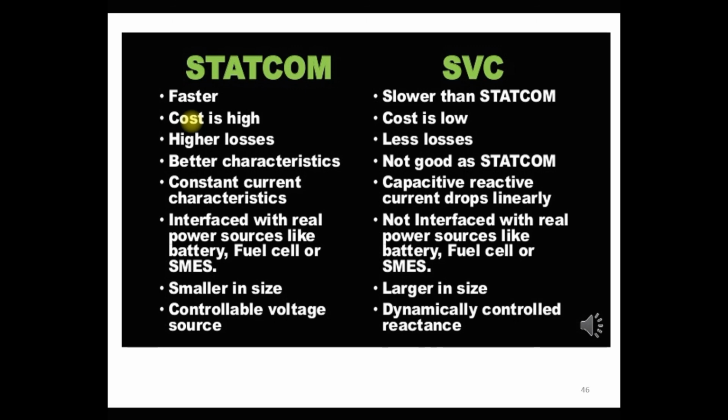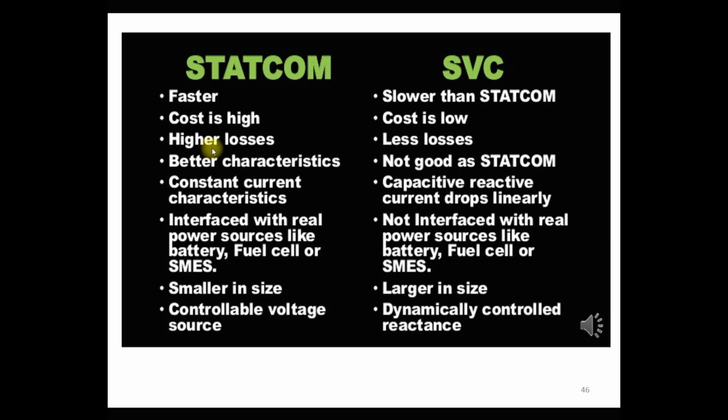If we increase the number of levels, as we saw in the MATLAB simulation, we require a number of multi-level converters in the 48 pulse VSI. Because of that, the cost of the STATCOM is higher as compared to the SVC, but the size of the STATCOM is less as compared to the SVC.